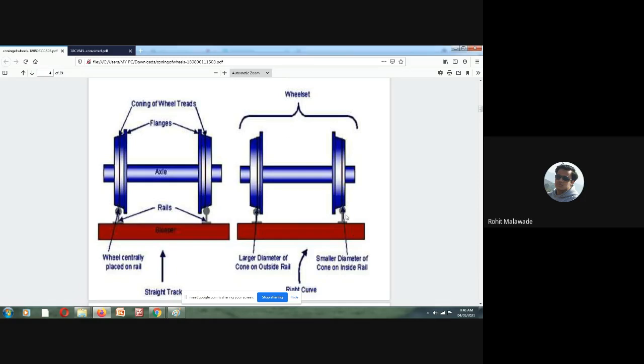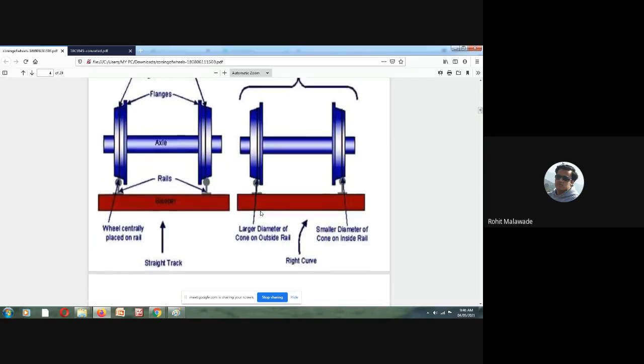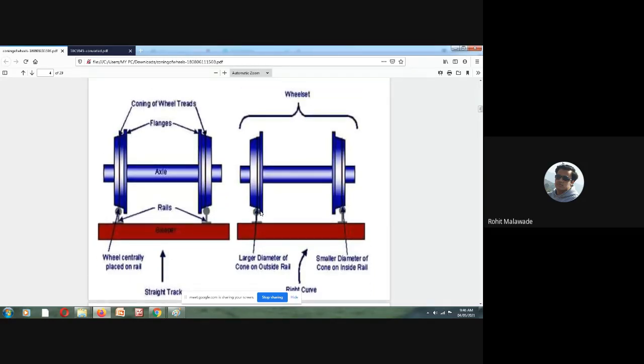This is an outer rail, this is an inner rail. Since there is more friction between the two, there will be more wear on the outside rail. So this is what happens when it is going to move on a curved track.